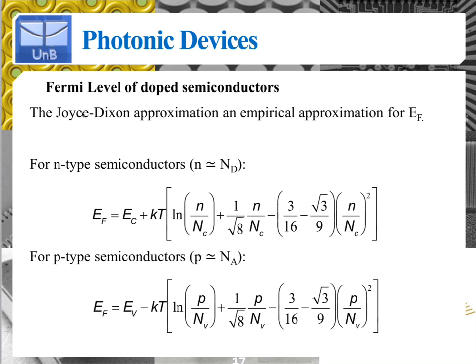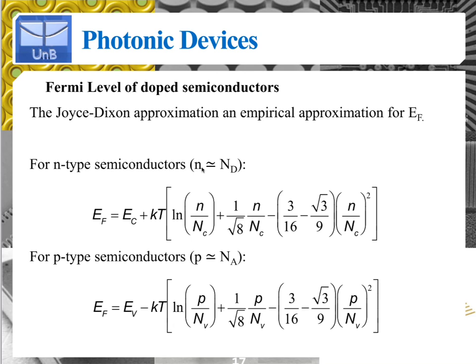So these are the Joyce-Dickson approximation, which is an empirical approximation for EF in this case. If the doping is too heavy, we can take for an N-type semiconductor still N approximately equal to the donor atom concentration, the dopant concentration.